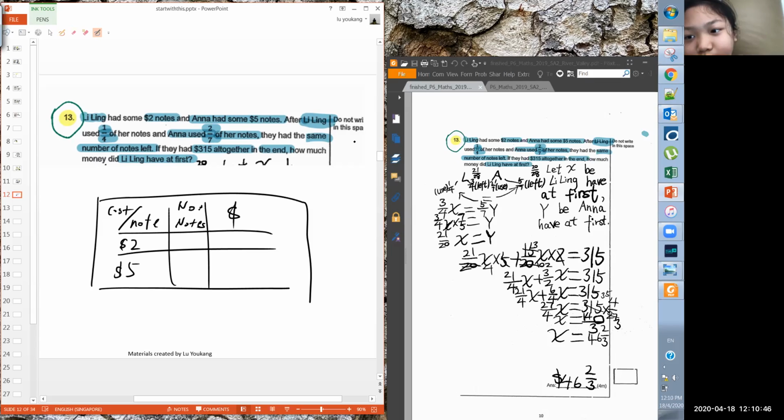Okay. After Li Ling used 1/4 of her notes and Anna used 2/7 of her notes. So basically, this is for Li Ling, this is for Anna. So Li Ling used 1/4 of her note. So basically, Li Ling start with L. So use 1/4 L. So is 3/4 L left.